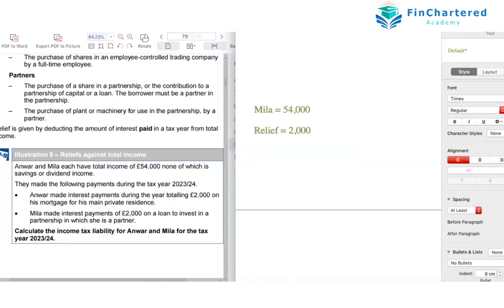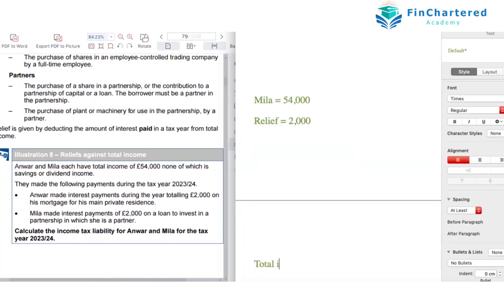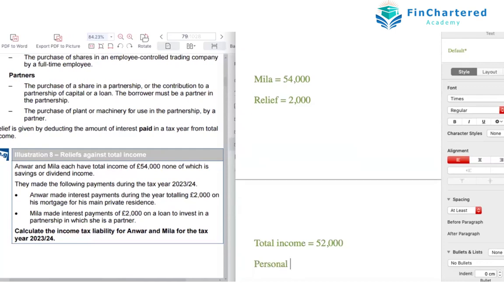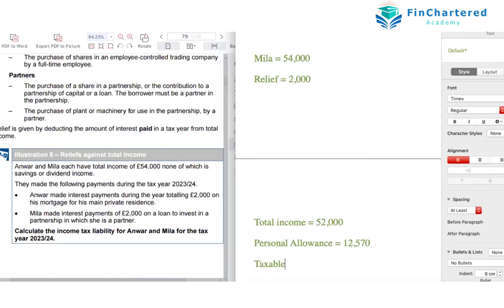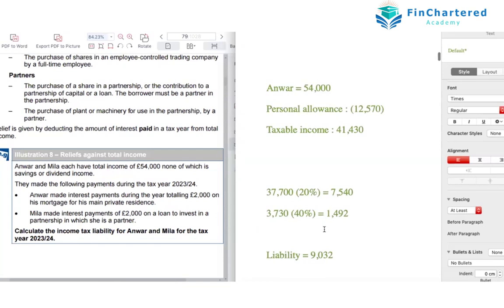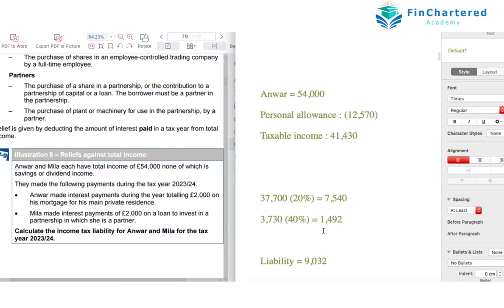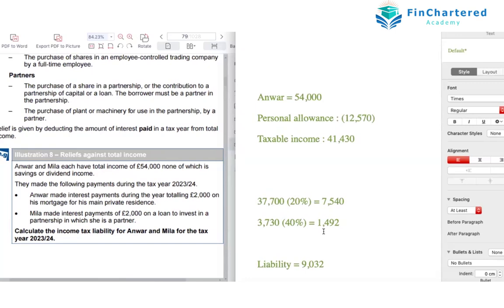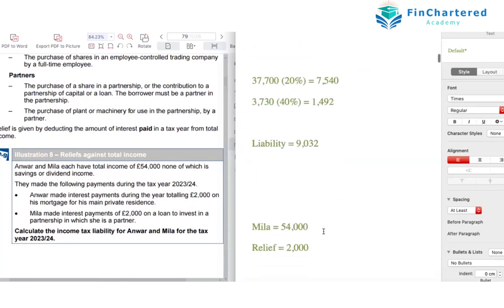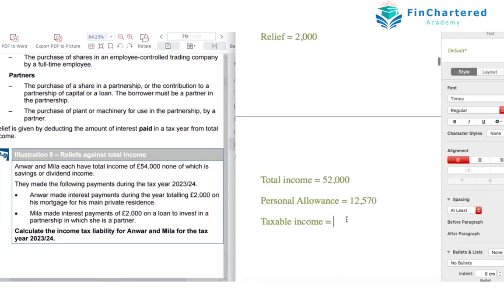So Mila's total income will now be seen as 52,000, from which, as usual, she will have a personal allowance of 12,570. Therefore, her taxable income will become how much? Shouldn't it be 43,430? 39,430, correct.